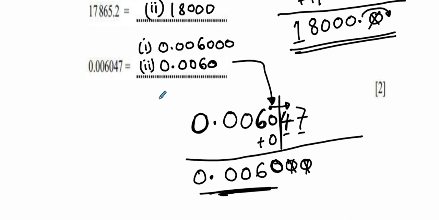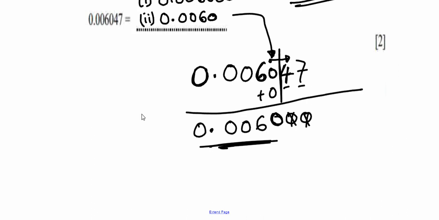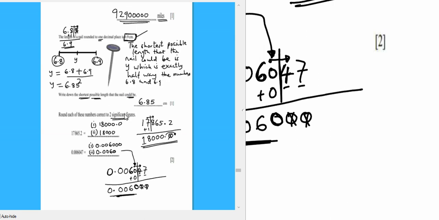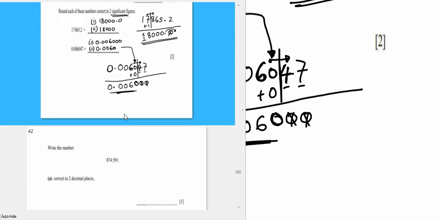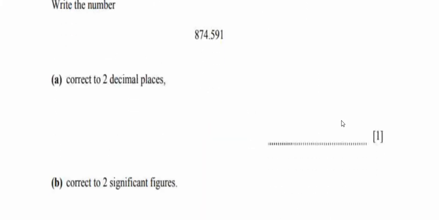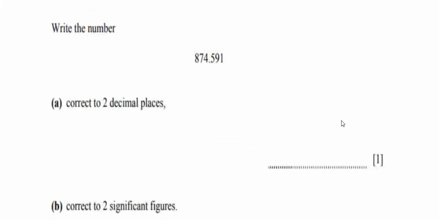All right, next part will be this one here. Here we go. Write the number correct to 2 decimal places.